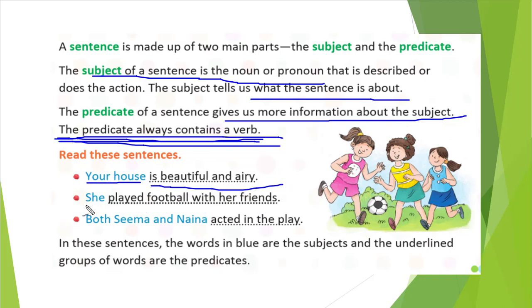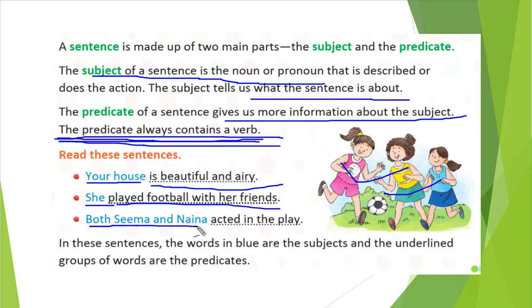You can see the second sentence: she played football with her friends. So she is our subject, and what action is she doing? Playing football. So played football with her friends is our predicate.